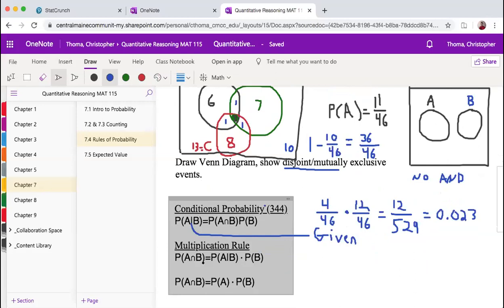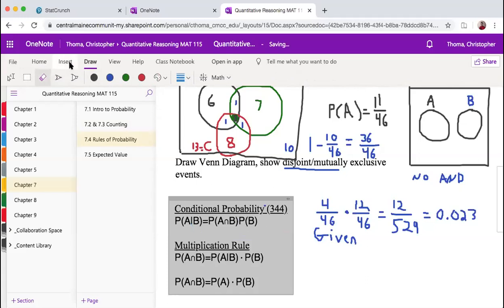Probability of A and B. Oh, no, my formula is wrong. I just realized it. I'm missing a big key point here. I must have deleted it when I was doing things. Let me fix that, because this is not making sense to me.